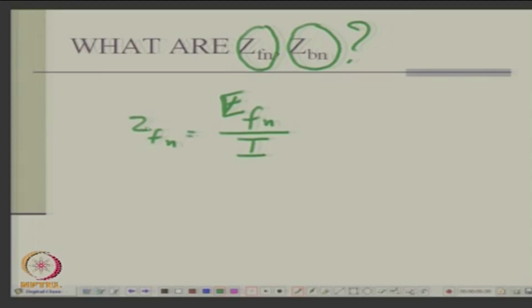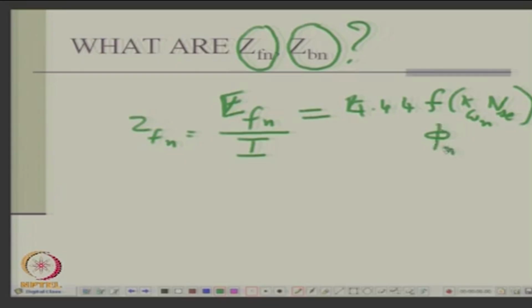Right. That means, we pass a current, there is a forward rotating field and this EFN will be equal to 4.44, F is the same, and KWN into the series turns; the number of turns also will be different for the nth harmonic, Fn, and the flux will be phi n.